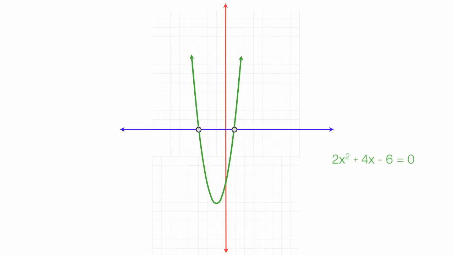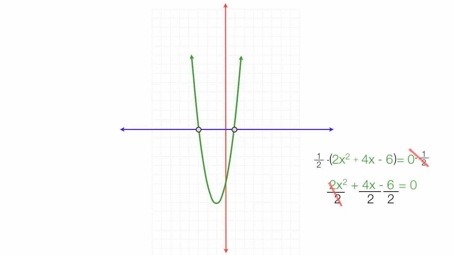I multiply both sides of the equation by 1/2. I'm going to put parentheses around the left-hand side of the equation. Anything times 0 is 0, so I already know the right-hand side is equal to 0. So I can rewrite this as 2x squared divided by 2 plus 4x divided by 2 minus 6 divided by 2.